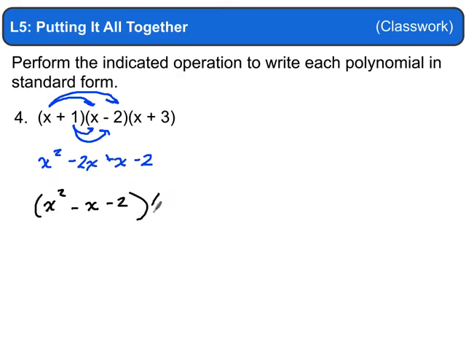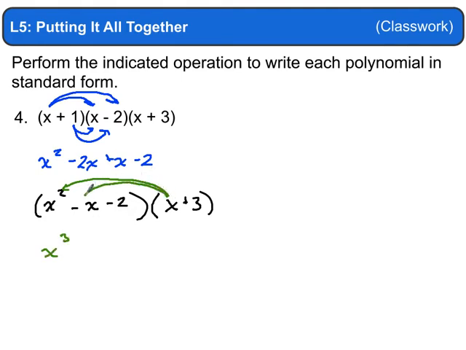Now I'm going to multiply that one to x plus 3. So again, you could either do the distributive property again, which is what I'll do this time just to show that one more time. We would take this x and we're going to multiply it to everything on this part. So that would be x to the third power.